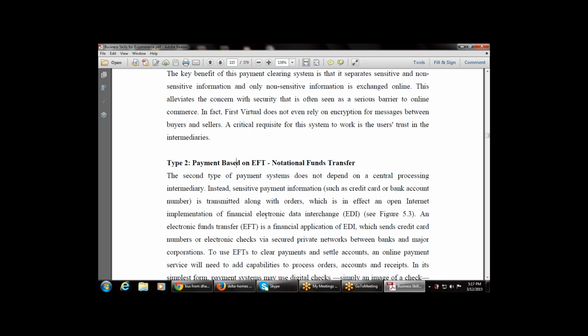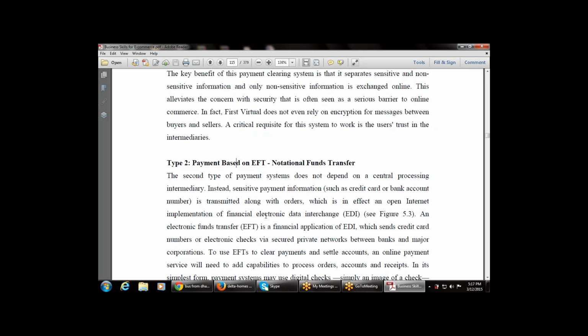Suppose I order a pen drive with the help of Flipkart. Everything, it may be my bank account number, it may be my credit card number, debit card number, any sensitive information is transmitted along with the orders, which is in effect an open internet implementation of financial electronic data interchange, that is the EDI.